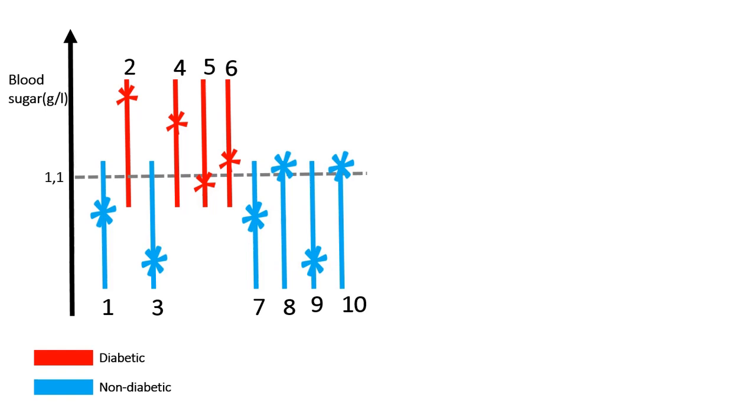Even though he's diabetic, at the time of measurement his blood sugar level was low, just due to regression toward the mean, which means that the body would always try to regress this variable towards the general mean value, which in our case is 1.1. So even though subject number 5 is actually diabetic, he's considered negative. So this is a false negative.